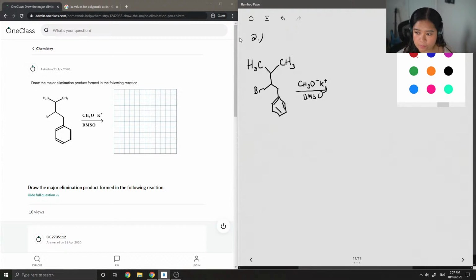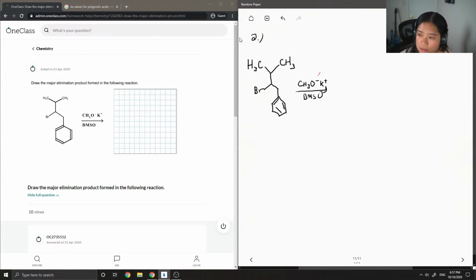Okay, so here our reagents used are potassium ethoxide, which is a strong base, and what I mean by that is that it's good at deprotonating. And then our DMSO is just the solvent.